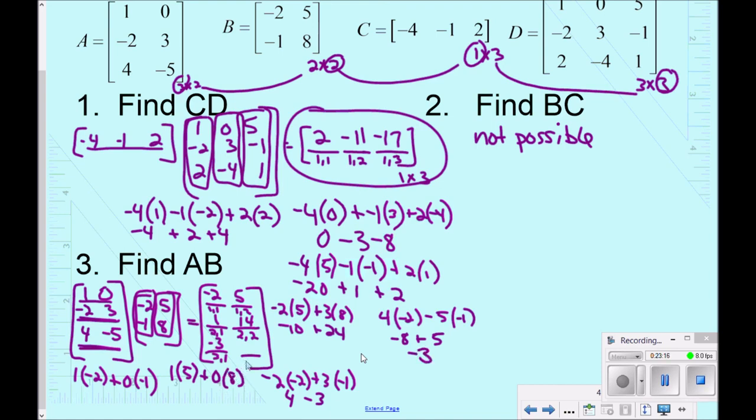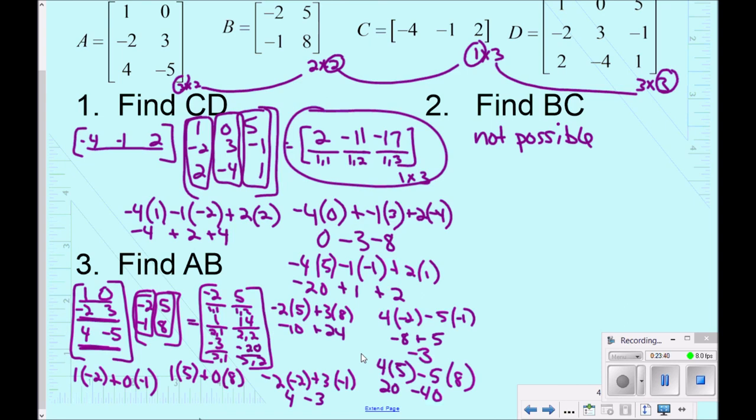Now we're on the 3, 2 spot. So third row, second column is 4 times 5, and then negative 5 times 8 gives us 20 minus 40, which gives us negative 20.